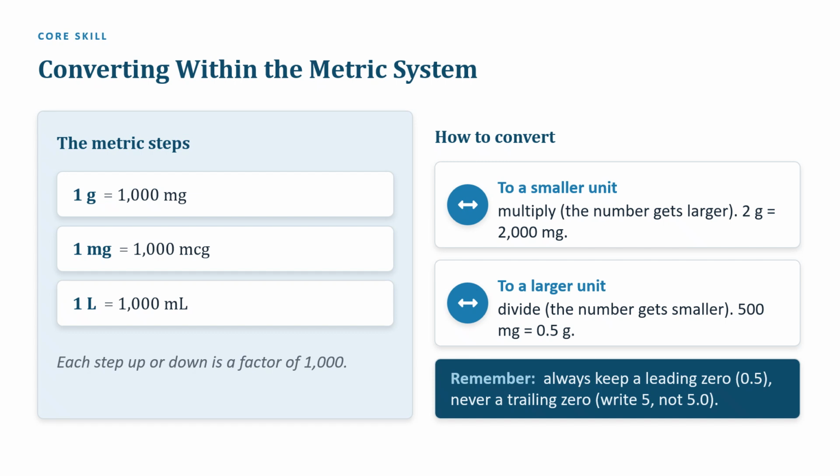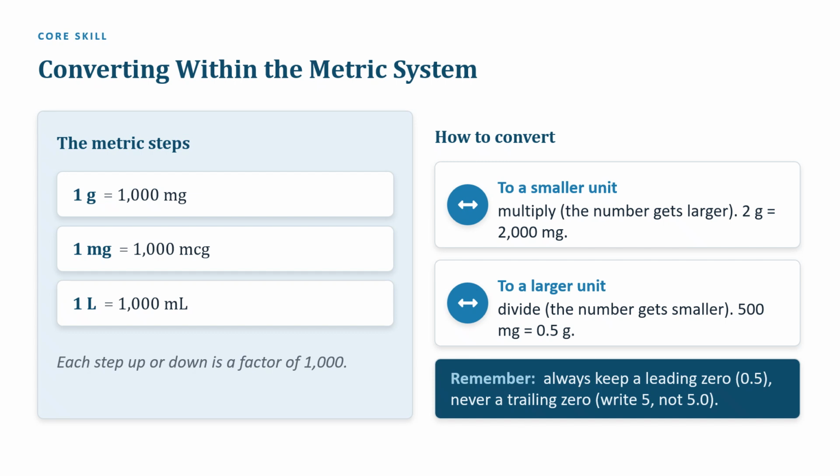For example, 500 milligrams becomes 0.5 grams because grams are larger, so it takes fewer of them. A simple way to remember the direction is that smaller unit means a bigger number and a larger unit means a smaller number. Because each step is 1,000, converting is really just moving the decimal point 3 places, and thinking of it that way can make it quick.